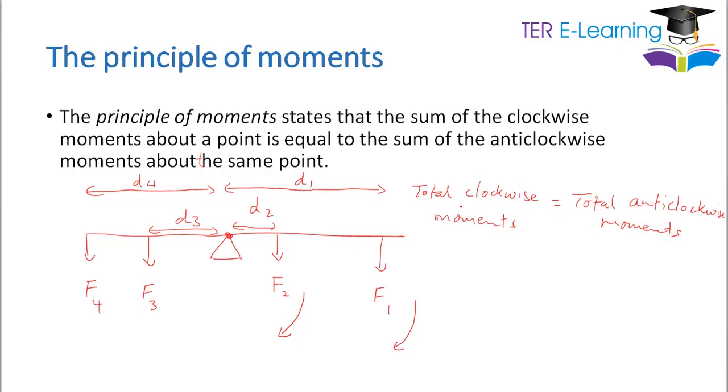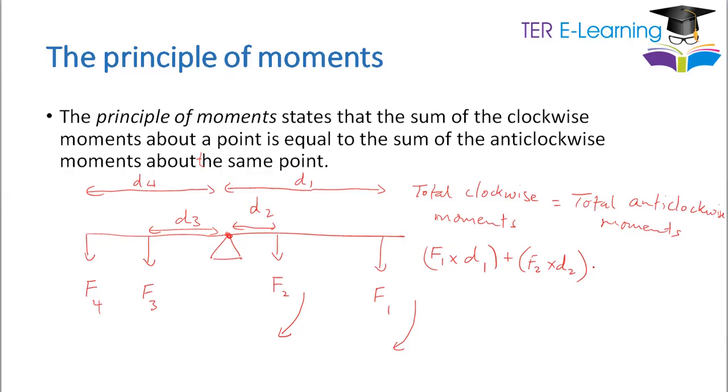So my clockwise moments: we just said that F1 and F2 produce a clockwise moment. So the moment of the force F1 is F1 multiplied by D1. But that's just one of the clockwise moments. F2 is also producing a clockwise moment. So it's plus F2 multiplied by D2.